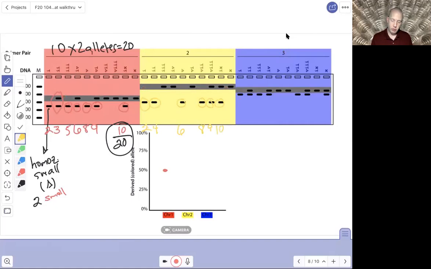So that's also 10 out of 20, or 50%. And the exact same thing, as you might expect, because I made up this example: there are 10 small, deletion-bearing versions of chromosome 3 out of 20 total.